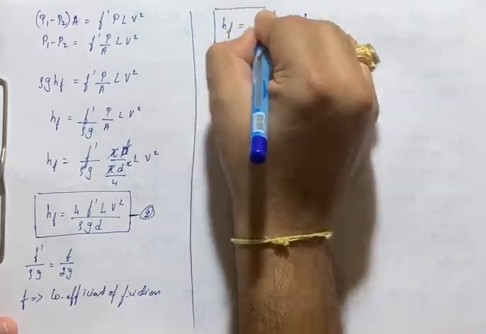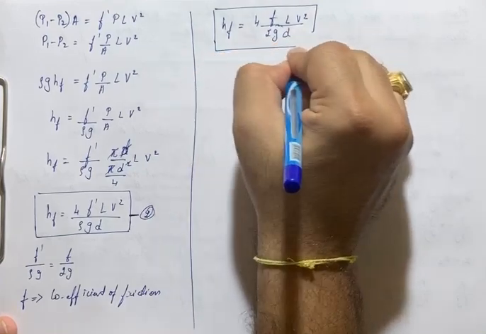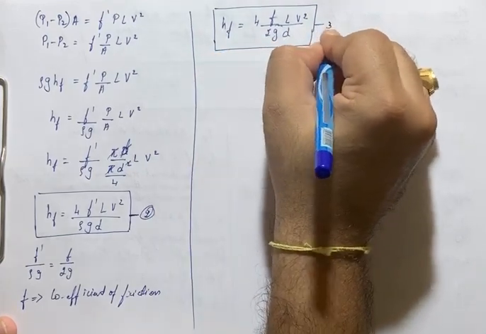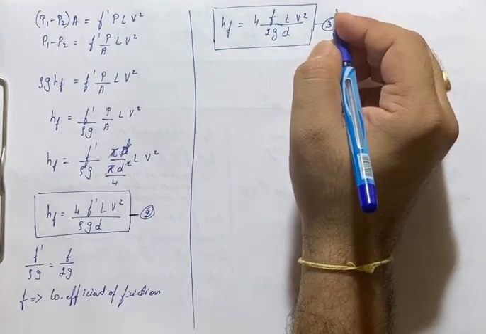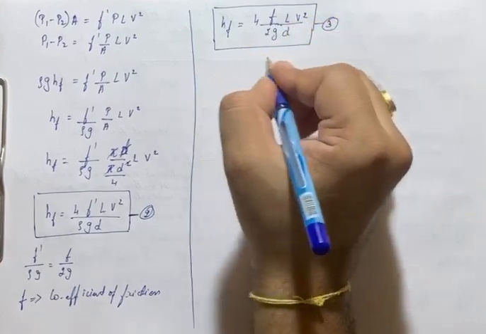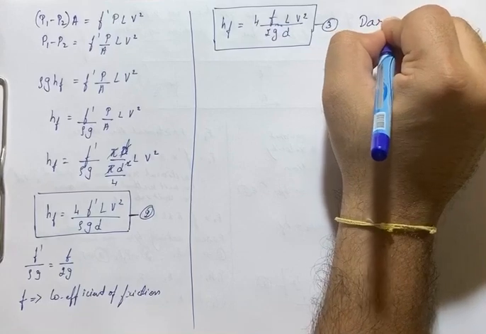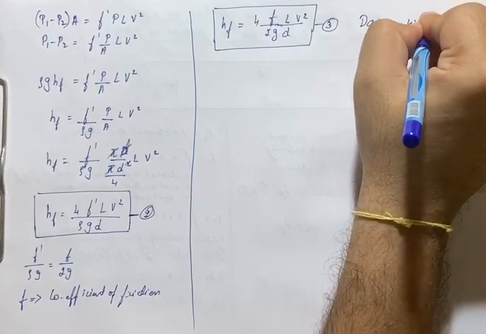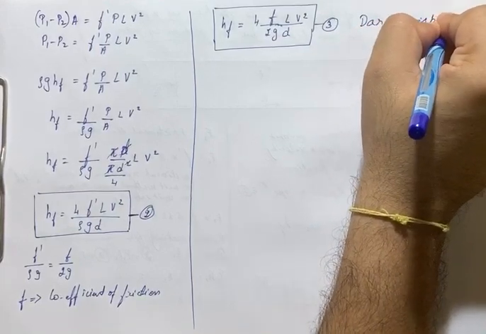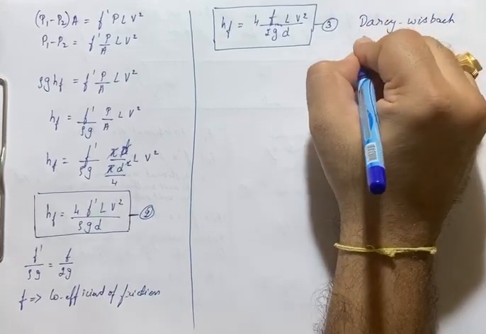Call this equation number 3. Now, this equation is called the Darcy-Weisbach equation.